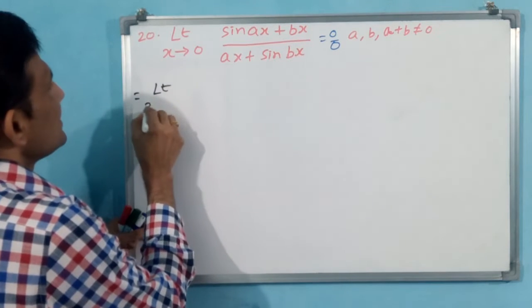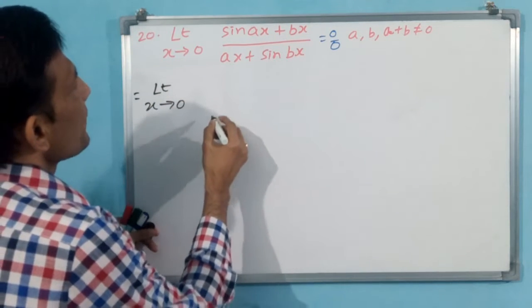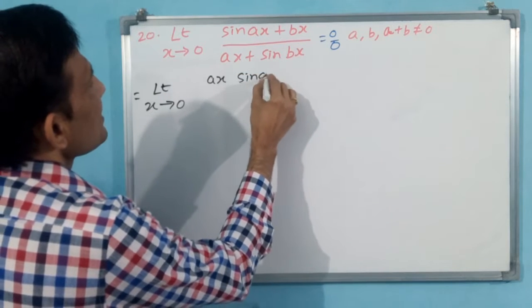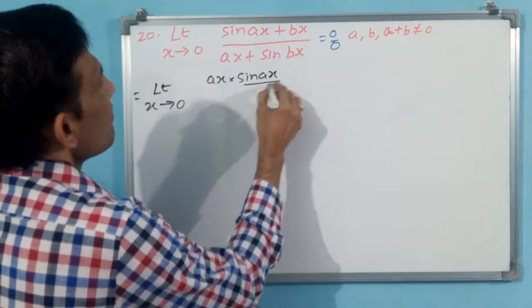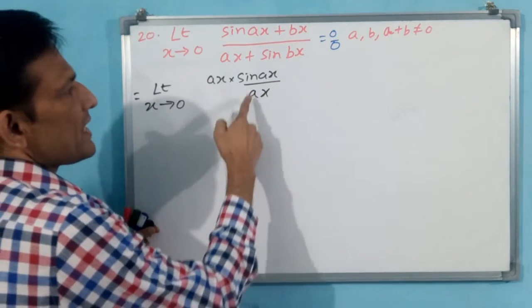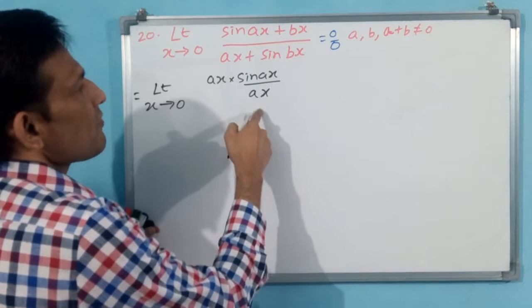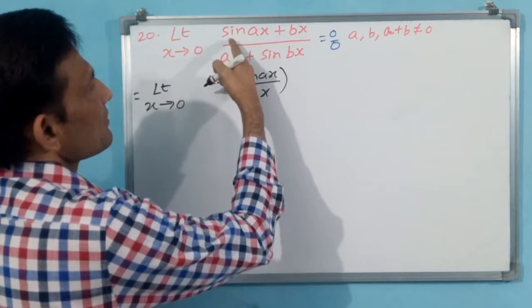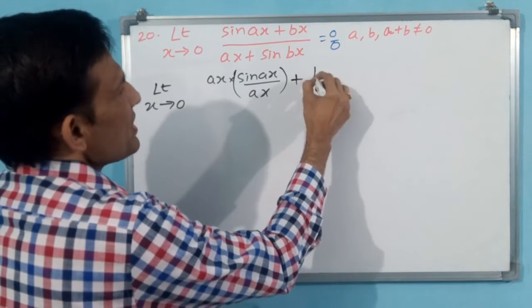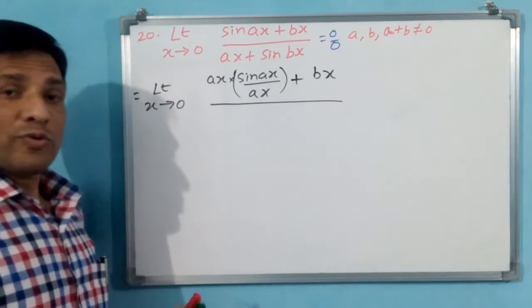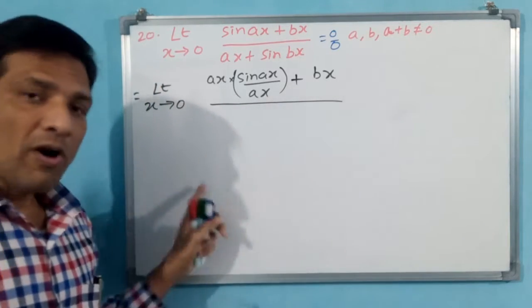See how I am doing. Limit x tends to 0, ax into sin ax by ax. The ax gets cancelled, but sin ax by ax is going to give me a value. I can keep the parenthesis first term, plus bx. I am not doing anything. You may ask, sir, do you have to do all this?